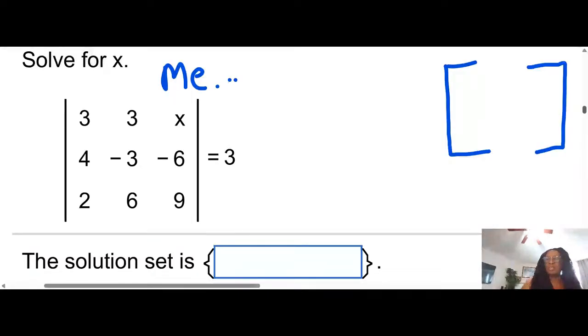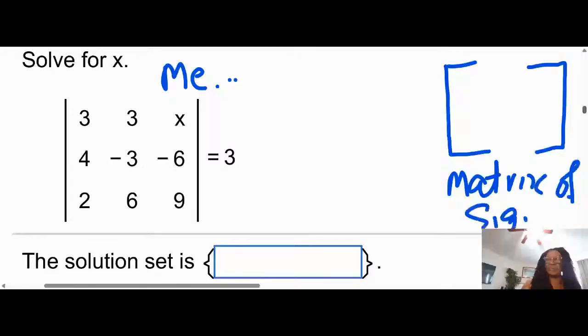I'm going to write matrix of signs here. What do I mean? Signs means the first one is plus, the second one is negative, third one is plus. The second row: negative, positive, negative. Then positive, negative, positive.